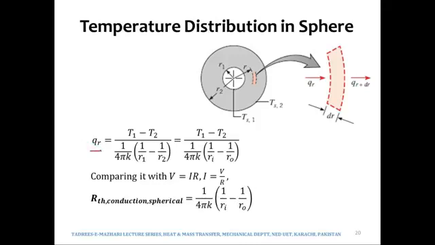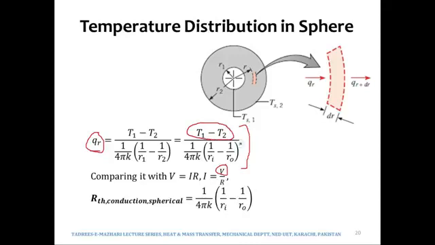Q equals delta T over R. In case of a sphere, you will get this expression, and upon its comparison with V is equal to IR or I is equal to V over R, we will say that the quantity that flows in electrical circuits is the current, whereas the quantity that flows in thermal circuits is heat. Current flows as a result of potential difference and therefore the heat flows as a result of temperature difference, and whatever is left in the denominator is resistance.